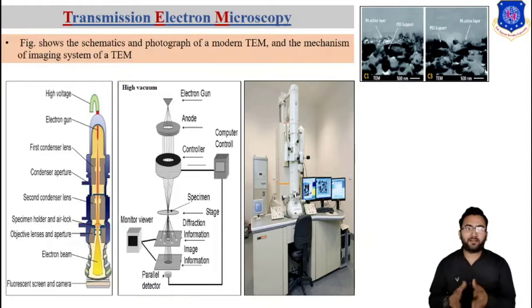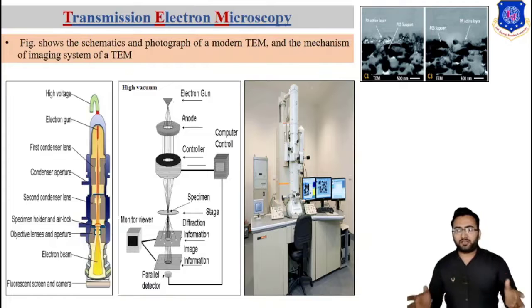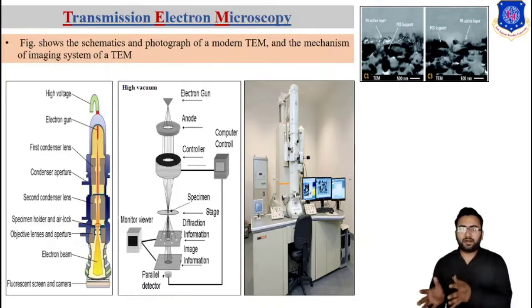As I was saying, a vacuum environment is required for TEM, which is not so for SEM or AFM, because collisions between high energy electrons and molecules significantly absorb the electron energy. If there is no vacuum, the excited electrons will collide with each other and with air molecules and lose energy. That is not good, because a lot of energy will be lost and eventually you will not get a proper image.